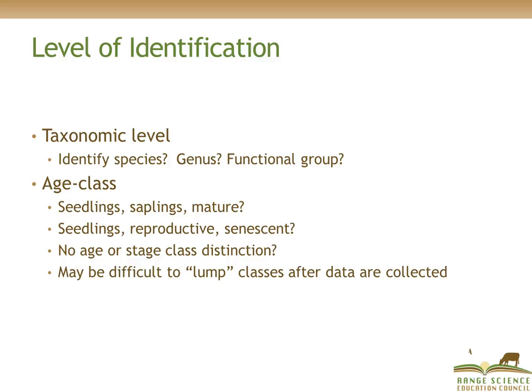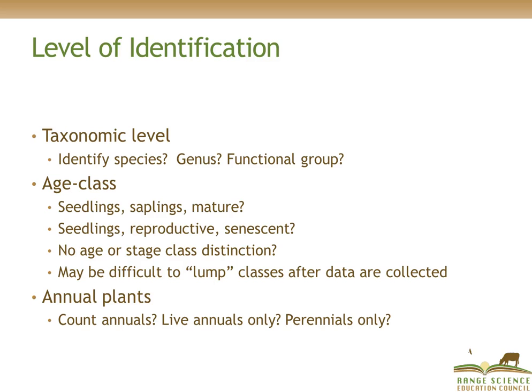However, if we were making the distinction, we would mark that the seedling was present. We would also mark that a mature plant was present. And it would be very difficult in analysis to then lump seedlings and mature plants together to get an accurate measurement of the frequency of that particular species.